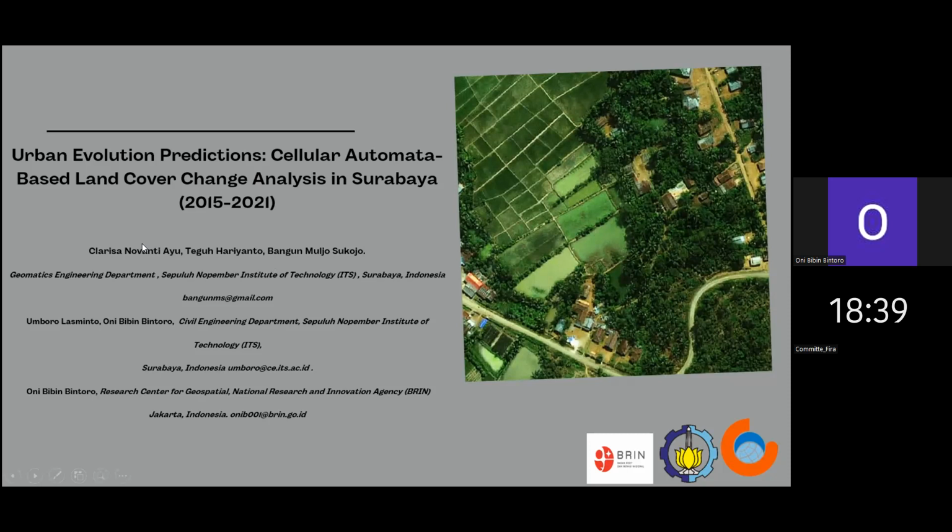The authors are Clarissa Novanti Ayu, Teguh Haryanto, Bangun Mulyo Sukoyo, with their affiliation, Geomatics Engineering Department, Institute of Technology Surabaya, Indonesia, Pak Umboro Lasminto, Oni Bibin Bintoro from Civil Engineering Department, 10 November Institute of Technology, ITS. And my affiliation is also with the Research Center for Geospatial, National Research and Innovation Agency, BRIN, Jakarta.